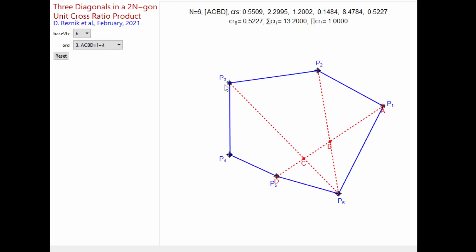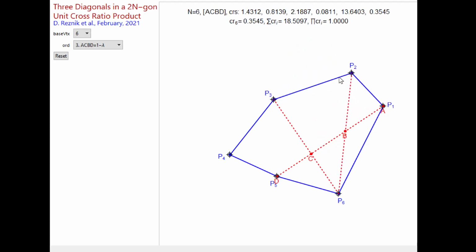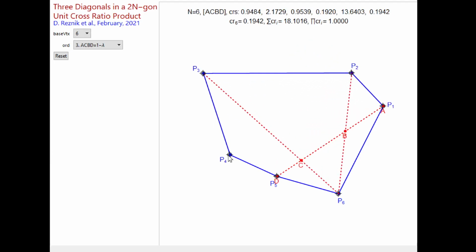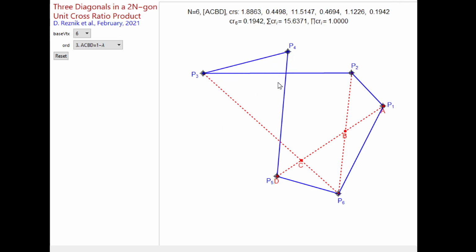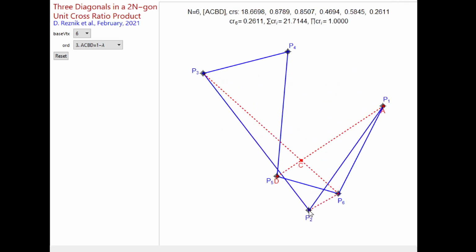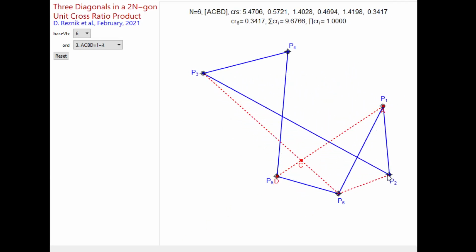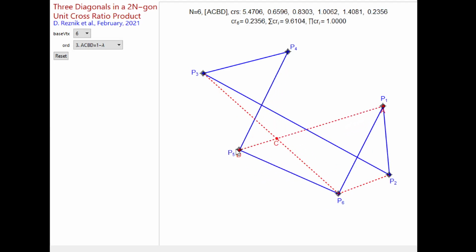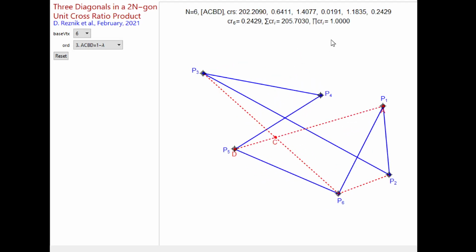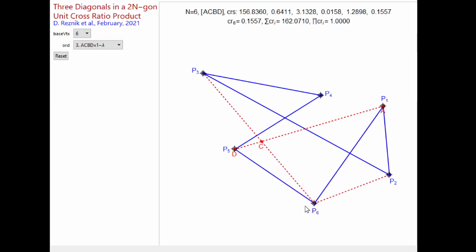However, the product of cross ratios is somehow magically invariant and equals 1, even when my polygon is self-intersected, like so. So you can freely self-intersect the polygon, and you're going to continue to measure the product of cross ratios equals 1.